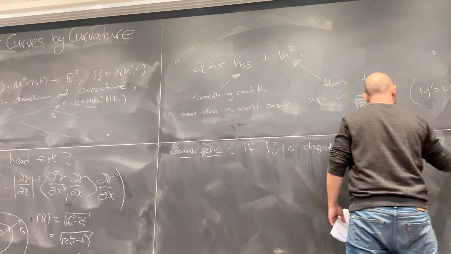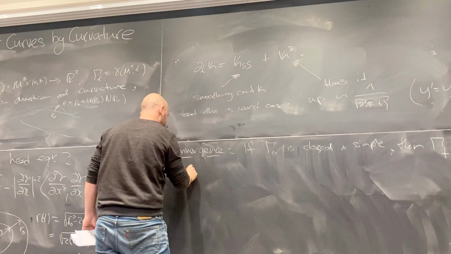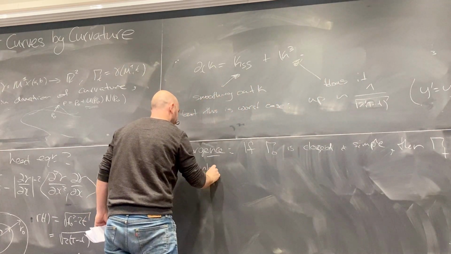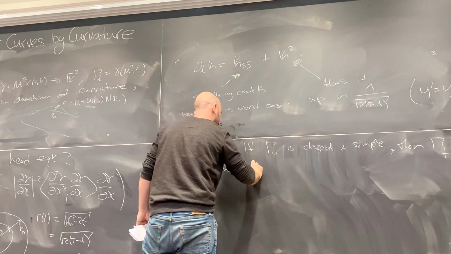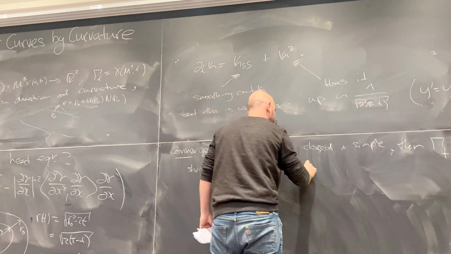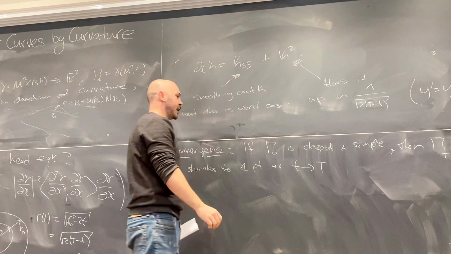So gamma t shrinks to a single point as t goes to this finite lifetime, till its death time.